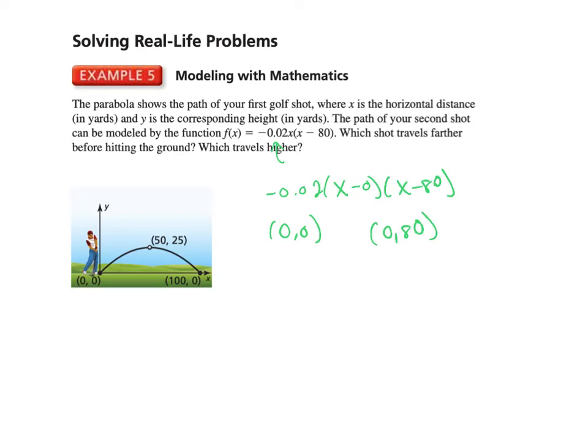And the vertex here. So let's look at our vertex. Our vertex lies right smack dab in the middle between these two points. So we add 0 and 80 and divide by 2. That's our x value, our axis of symmetry. That is 80 over 2, which is 40. Plug 40 back into our function.